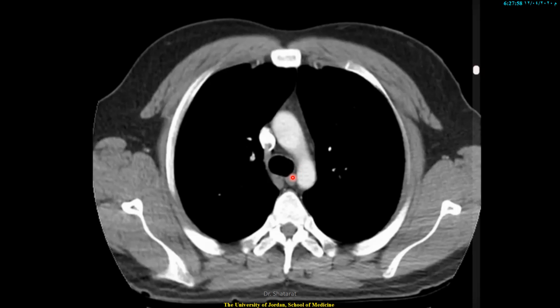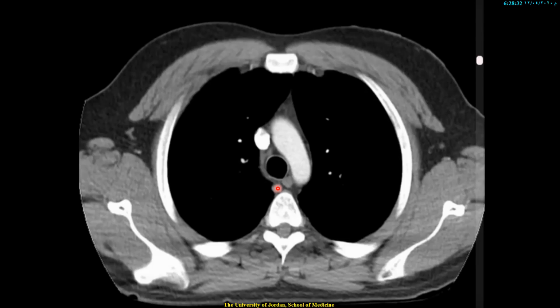Now this is the arch, this is the superior vena cava. What is this? Welcome to the trachea. We also said bye to the bronchi. Why? Because they can be seen only in the inferior mediastinum. Now we are in the superior mediastinum, and instead of the left and right main bronchi we would see the trachea itself, always an open structure, and behind it you would see the esophagus, which is a closed muscular structure.